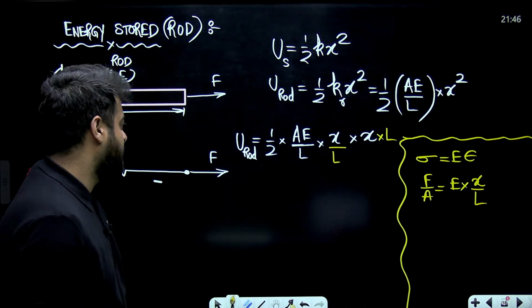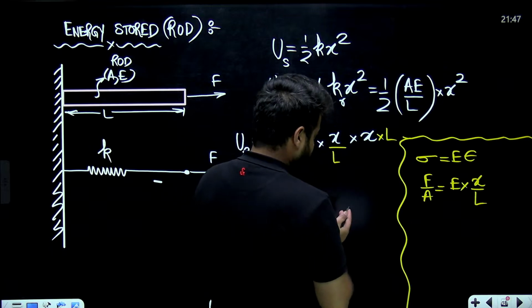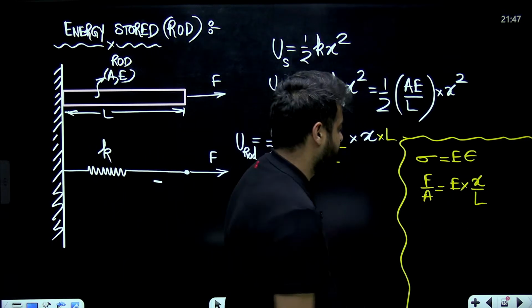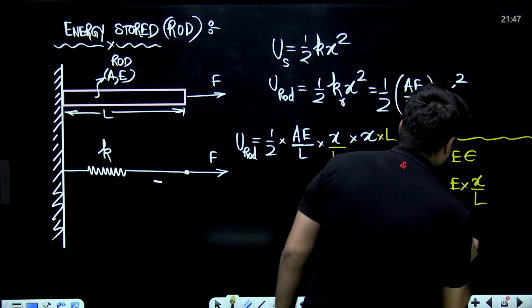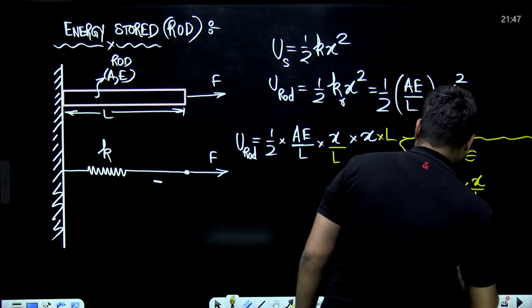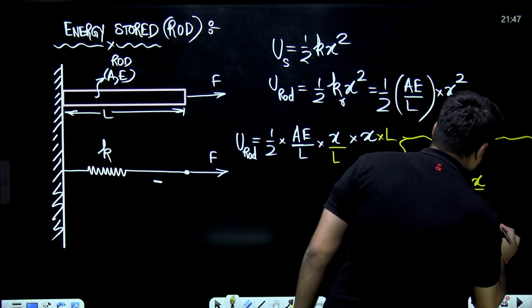Please see this part. If I take it separately and see x E by L, sir, that is stress. Stress is F by A, and also it is x E by L, or not?